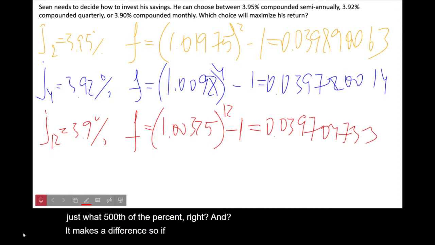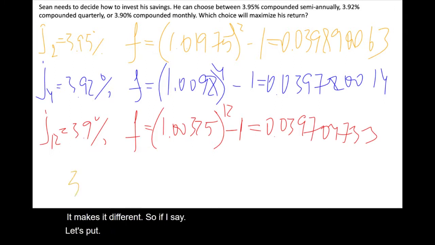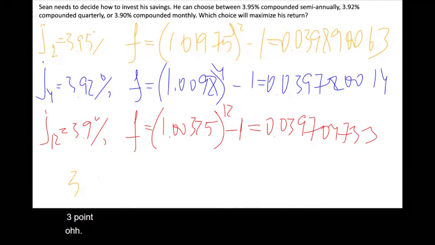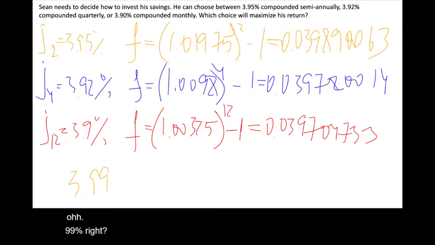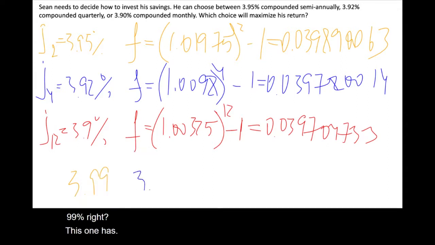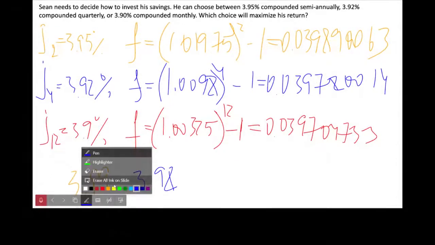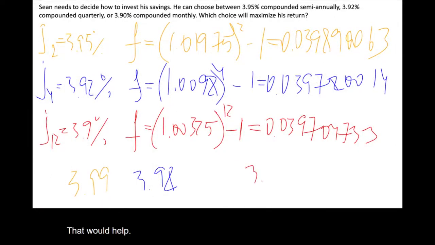So if I say, let's put 3.99%, right? This one has 3.98%, and that one has 3.97%. Yeah, pretty much. Now I can round it, but still.